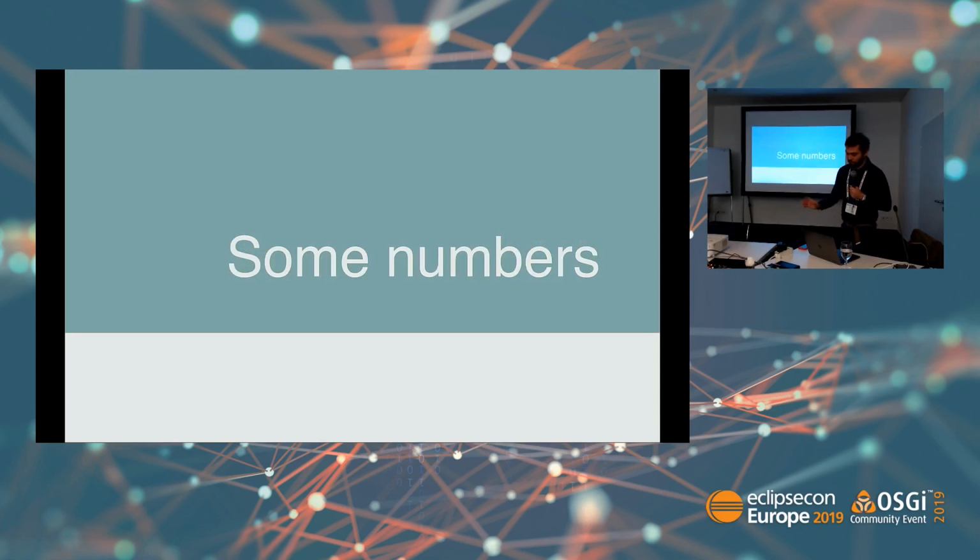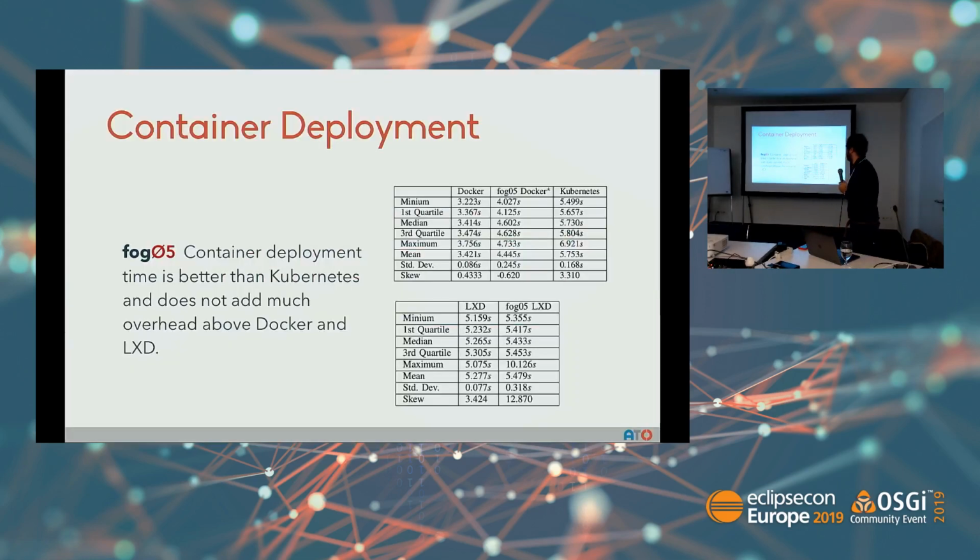So we have some initial numbers that I think come from last year. We started to do some measurements because people were asking, okay, how does this compare to OpenStack? Okay, but how does this compare to Kubernetes? Mostly in this case they are based on the container deployment, because the VM ones are very big.